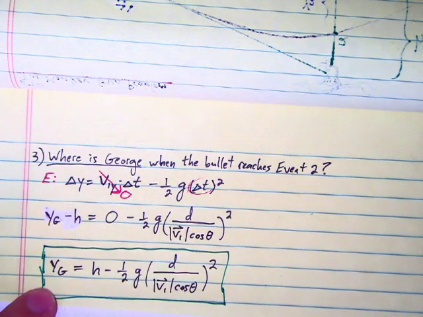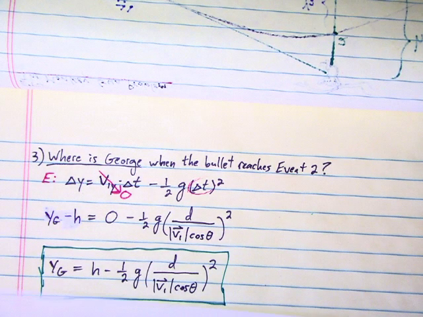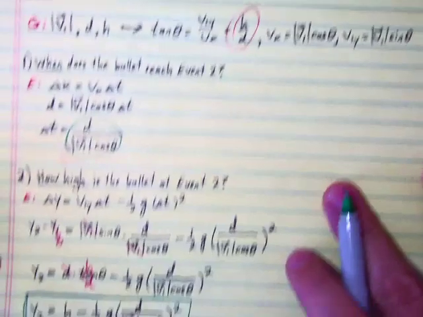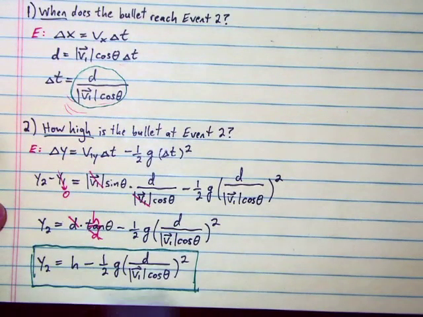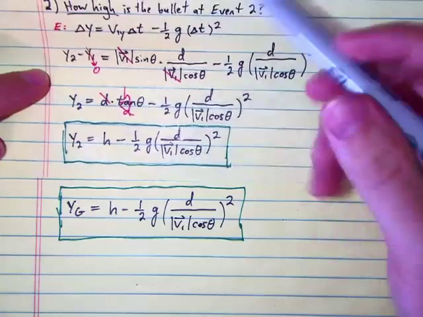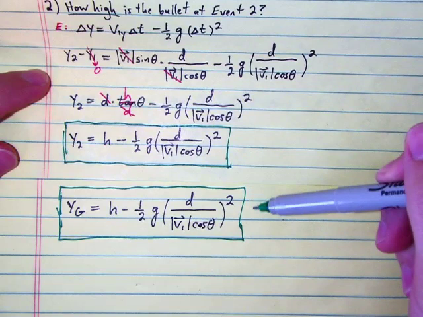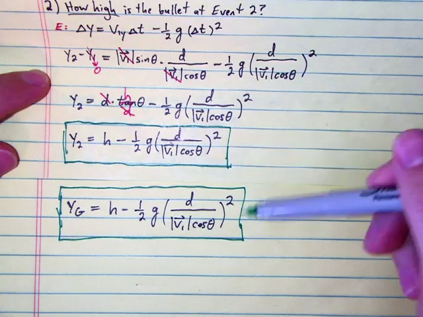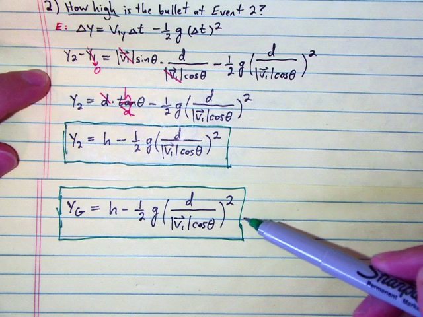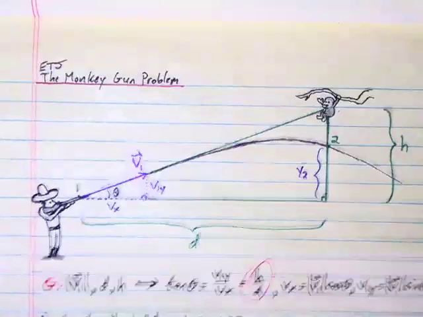That's the expression for the height of George when the bullet reaches that spot, compared to this expression for the height of the bullet at that same time. Let's look at them right next to each other. Here's where the bullet's located. Here's where George is located. Notice the expressions are identical. They're going to be located at the same exact spot.